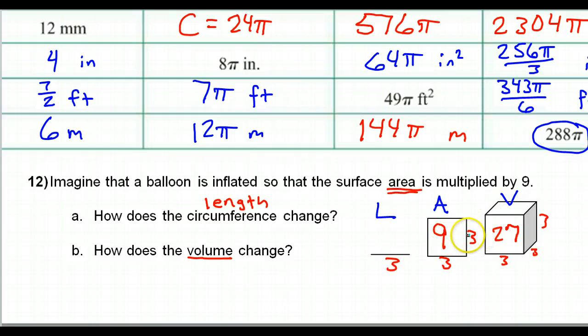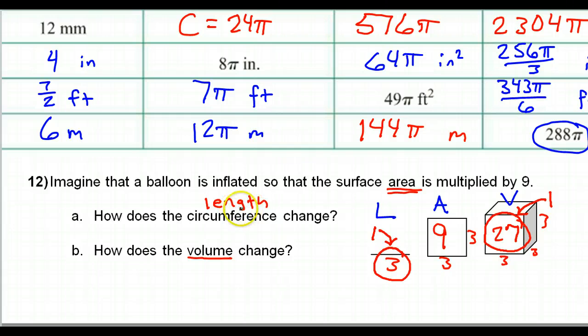So the area here in the middle was multiplied by 9, but that meant that the length was multiplied by 3, and the volume is actually multiplied by 27. Because remember, everything started off as 1, so the length went from 1 to 3, and the volume went from 1 to 27. So how does the circumference change?